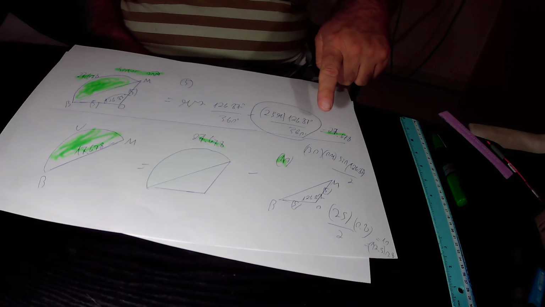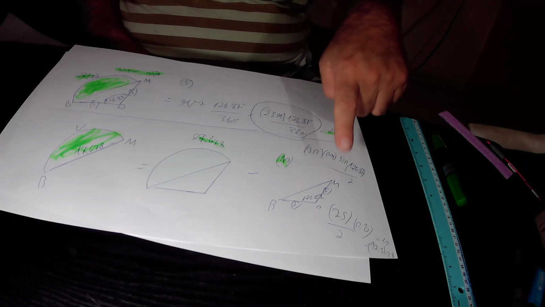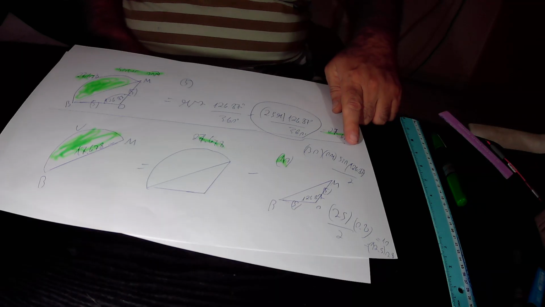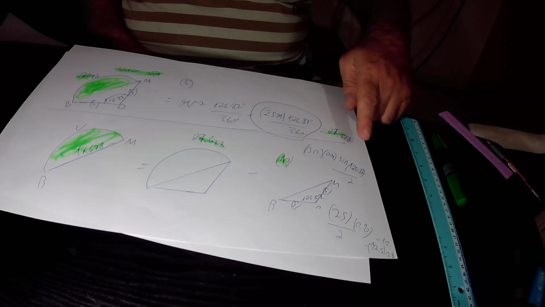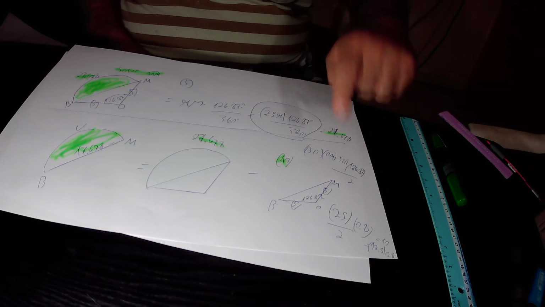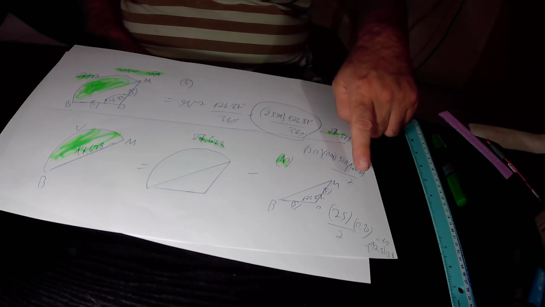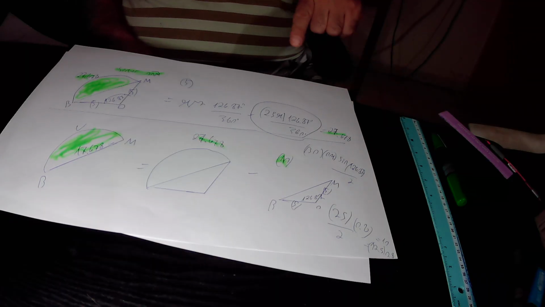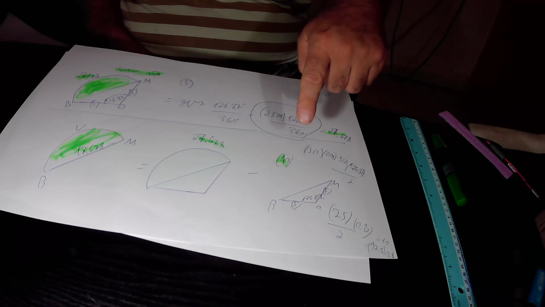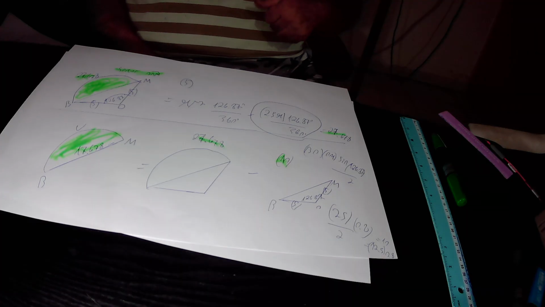BO is 5, OM is 5, so 5 times 5 is 25. Sine 126.87 degrees is 0.8, divided by 2. 25 over 2 is 12.5. 12.5 times 0.8 is 10. So in total we should know that the area of this triangle OBM equals 10 square units in size.